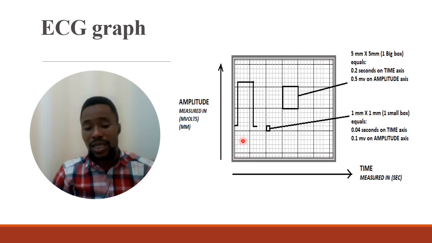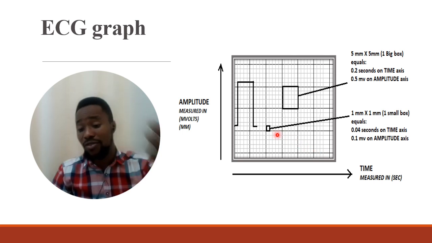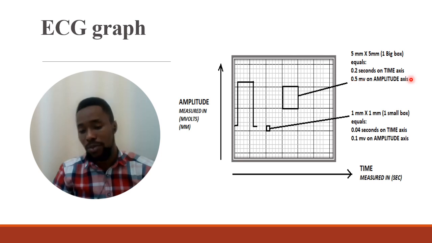That's what I'm saying. 10 millimeter equals 1 millivolt. So what's the value of one small box? What I just need to do is 1 divided by 10, and that will be 0.1 millivolts. That's what you have here. So a small box is 0.1 millivolts, while a big box will be 5 times that, because 5 small boxes make up a big box, and that's what you are going to have, 0.5 millivolts.